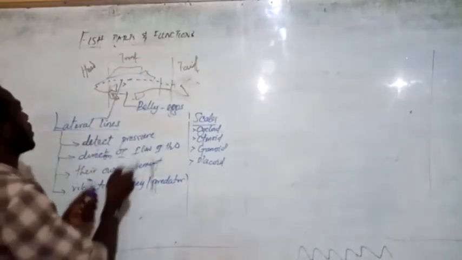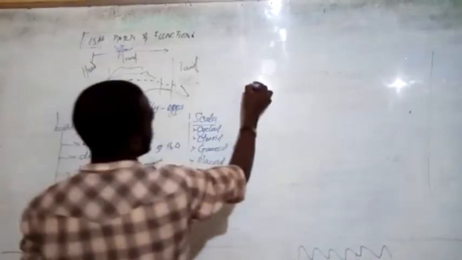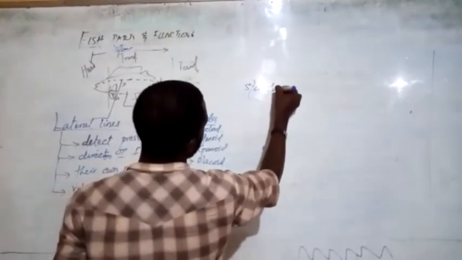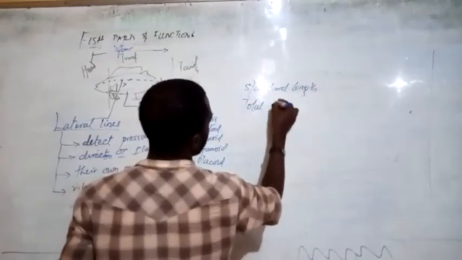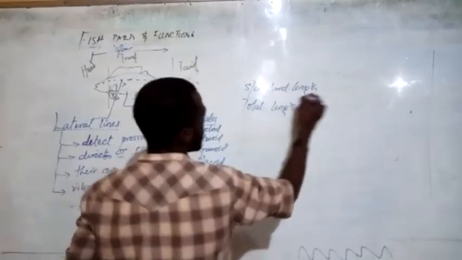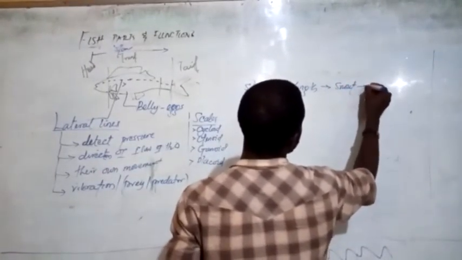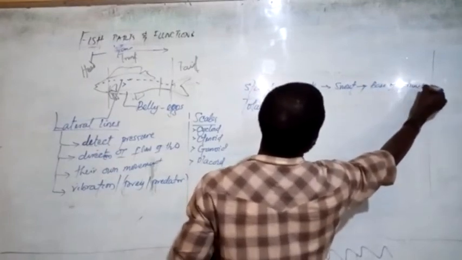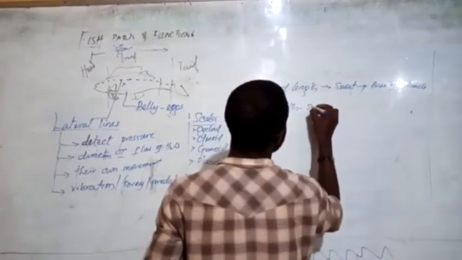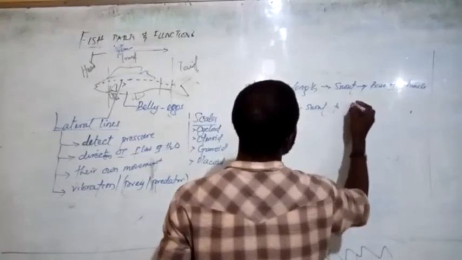So we talked about two lengths of the fish. We have the standard length and the total length. The standard length is from the tip of the snout to the base of the peduncle, while the total length is from the snout to the base of the caudal fin.